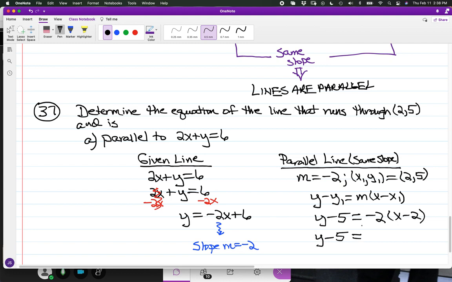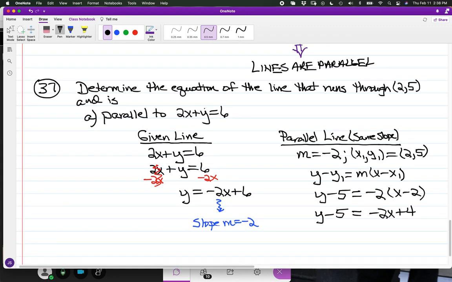With distributing, negative 2 times the quantity of x minus 2 is going to be negative 2x plus 4. And getting the y term by itself, upon adding 5, we will come out to y is equal to negative 2x plus 9.